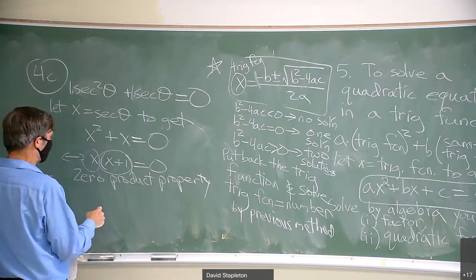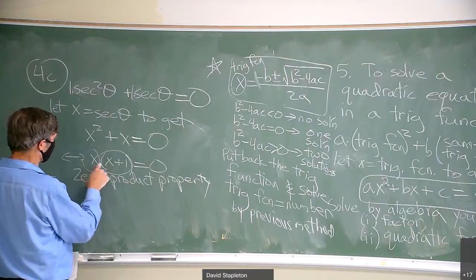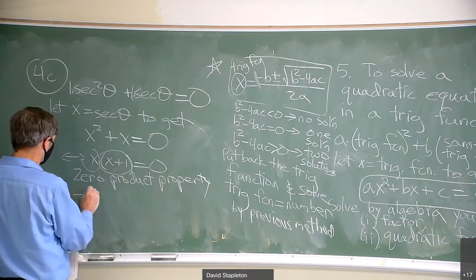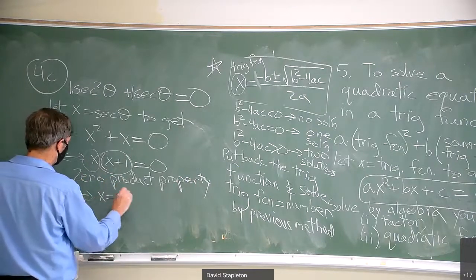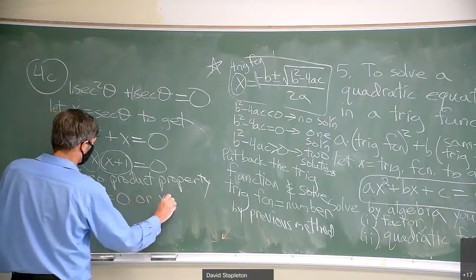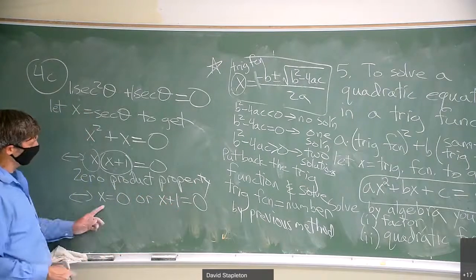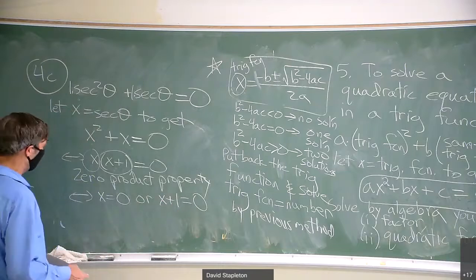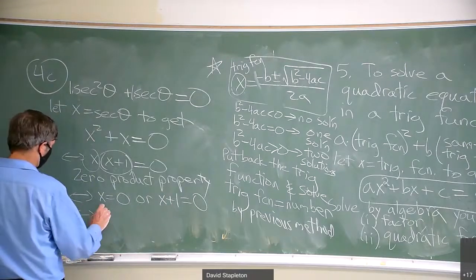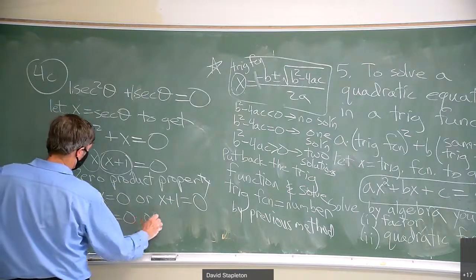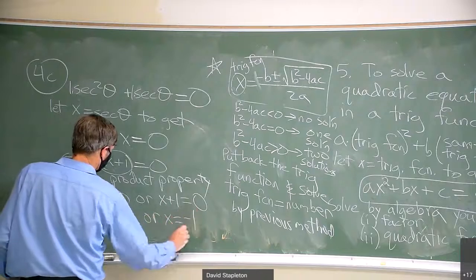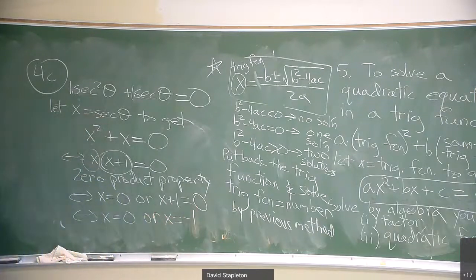The zero product property says that either this is zero or this is zero, so then the product's zero. So I get equivalently either x equals zero or x plus 1 equals zero. Both can't be zero, they're getting different solutions. So one of these is true: x equals 0 or x equals -1. Those are all the possibilities.